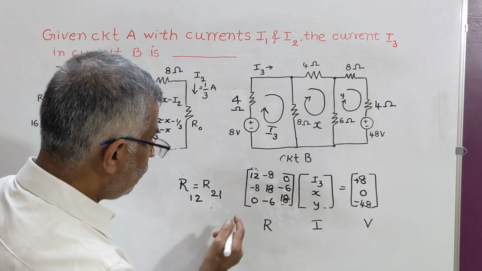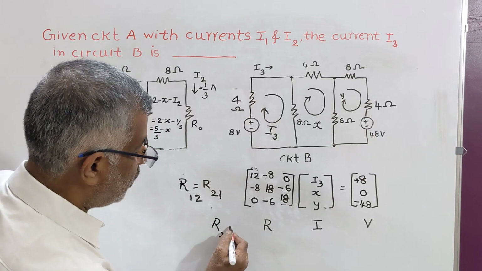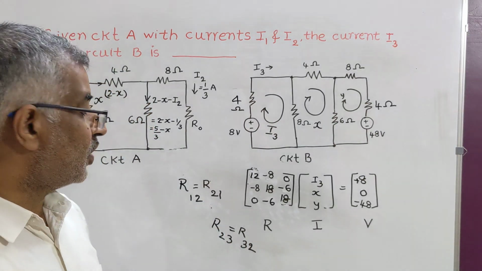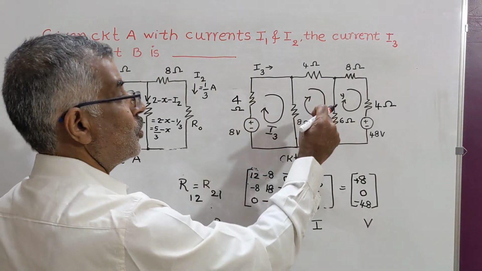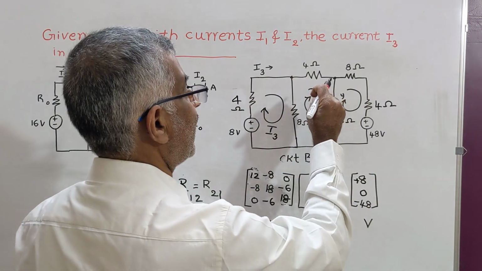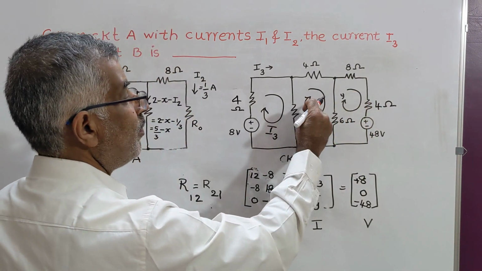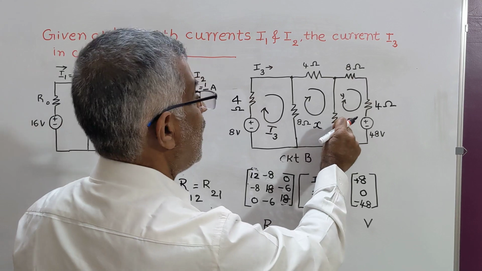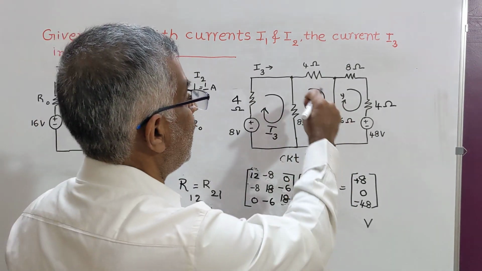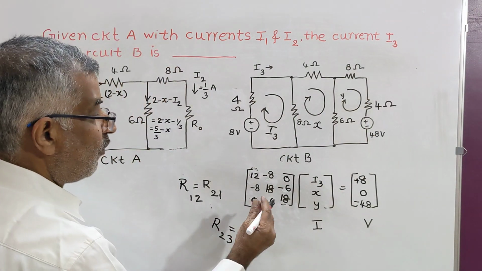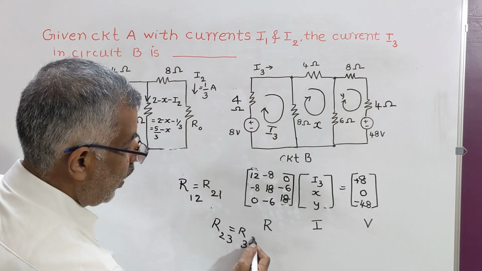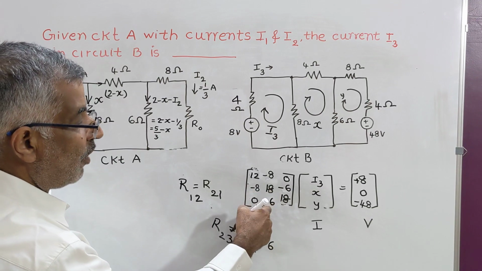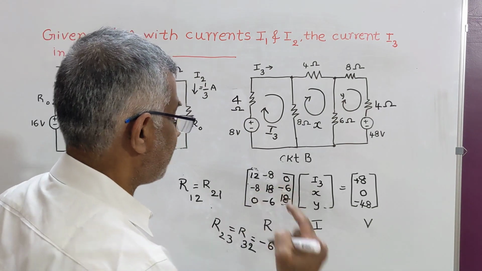Next, coming to R23 equal to R32. The resistance common to second mesh and third mesh is 6 ohms. Here also through 6 the mesh currents are in opposite directions. Therefore, R23 equals R32 equals minus 6. That is why I have taken minus 6, minus 6.